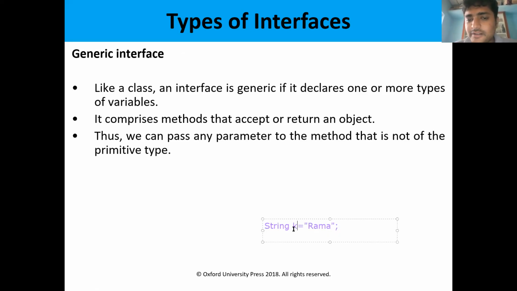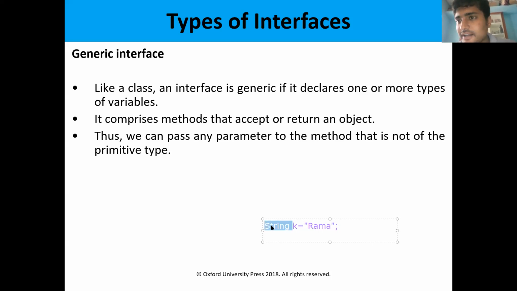Here k is a variable and String is a data type. String is a non-primitive data type. We have primitive and non-primitive data types. Non-primitive data types mean the variable type can be either a class or an interface.